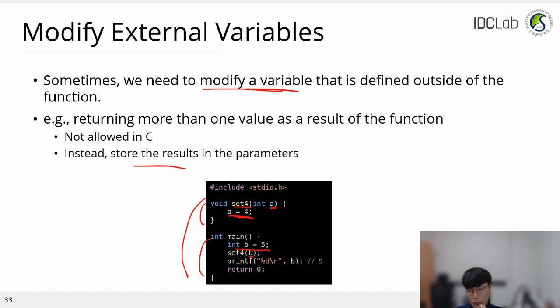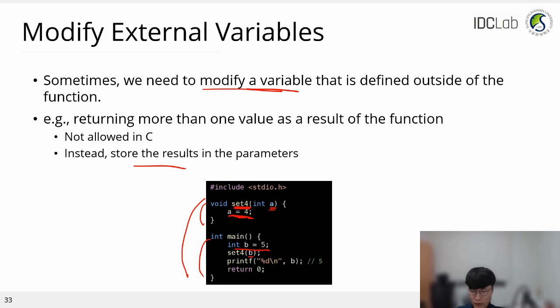Our expectation is that after calling set4 on B, the value stored in B changes to 4. Because if you take a look at the definition of set4, set4 takes one parameter and changes the value to 4.